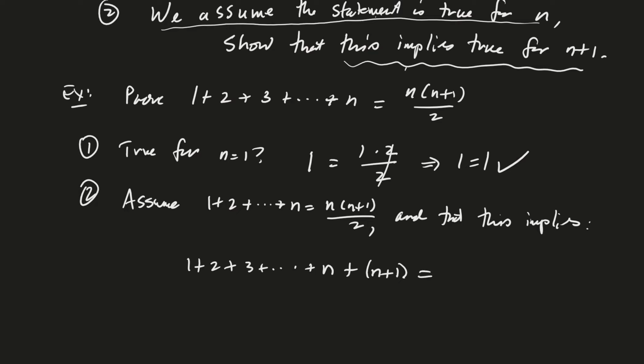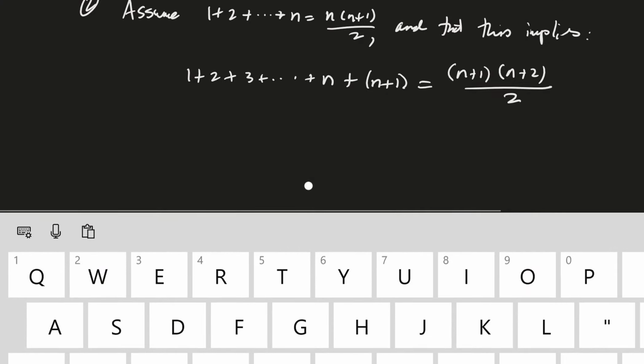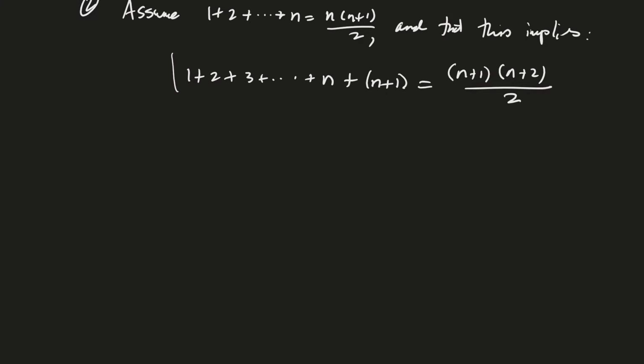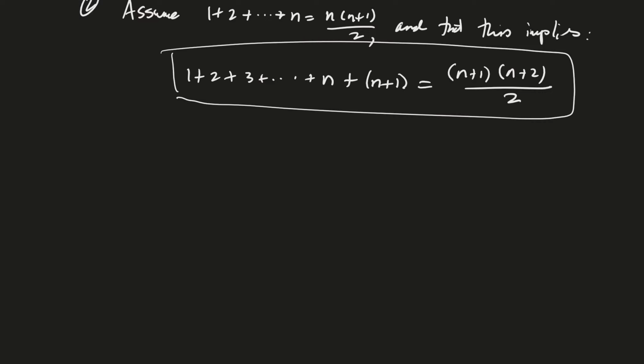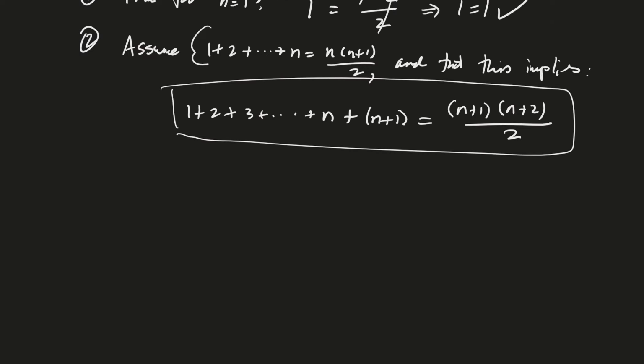Now if I plug n plus 1 into my formula, I'll have n plus 1 times n plus 2 divided by 2. Okay, so this second statement is the thing I want to show is true, but I want to use the assumption to prove it. And how am I going to do that?